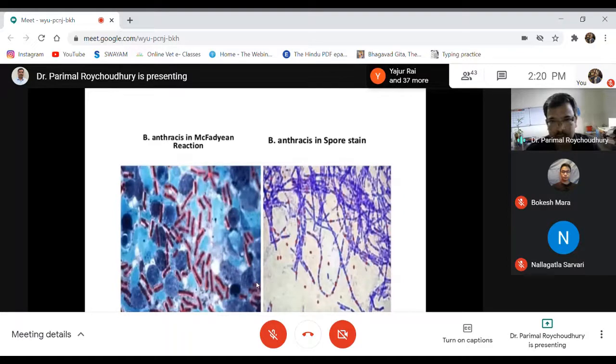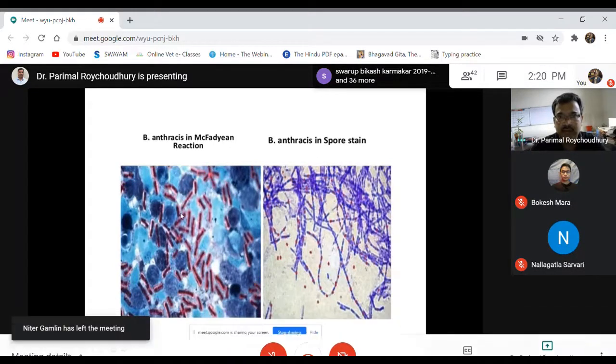I just brought this slide here because we are discussing the demonstration of capsule in bacteria. In fact, this is a highly pathogenic bacteria that causes the disease anthrax in animals, and humans are also equally susceptible and the disease is equally fatal.